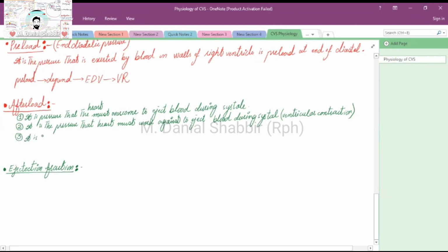There are different scenarios related to afterload.